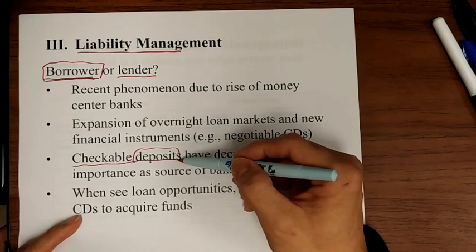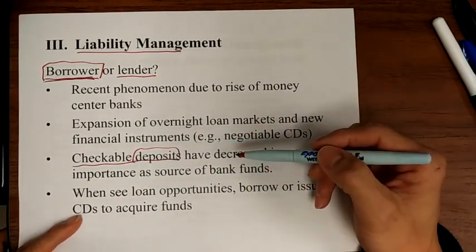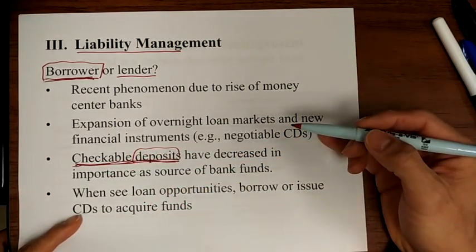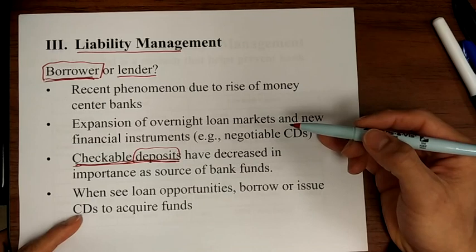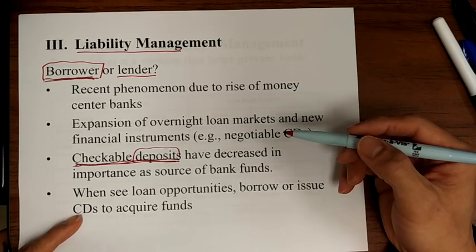So the majority of the liabilities of the commercial banks before the 1960s was checkable deposits. So banking before that time was simple.